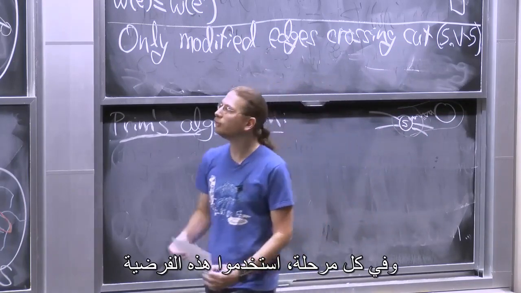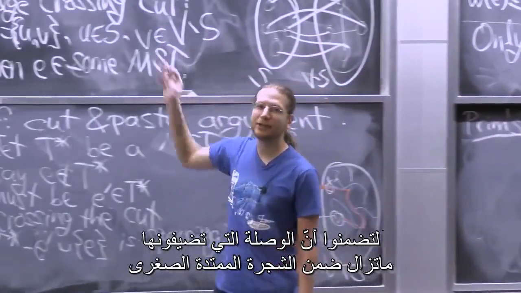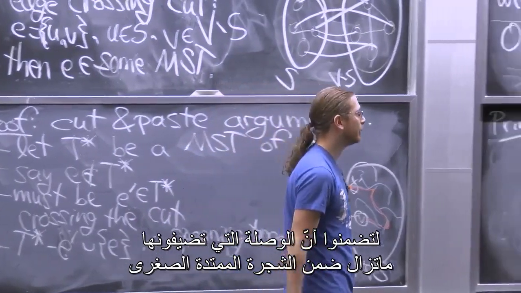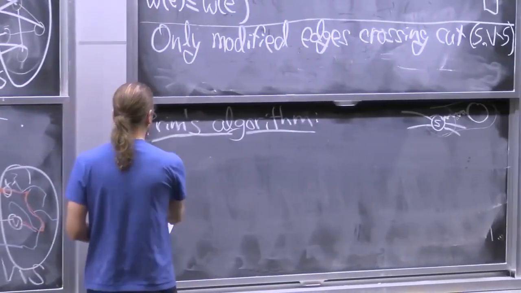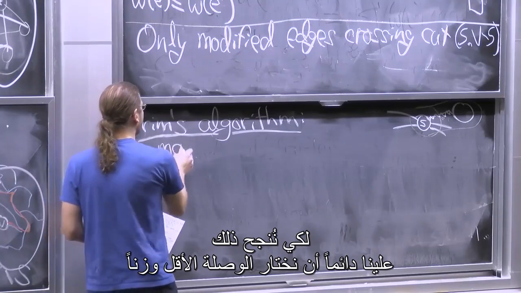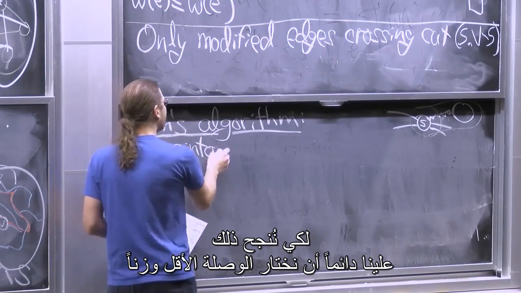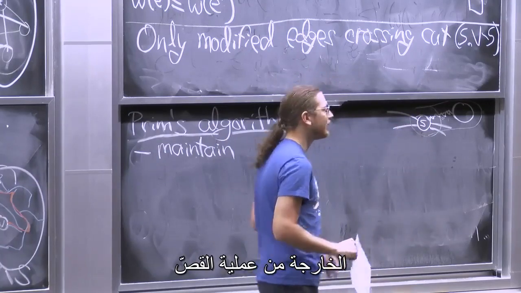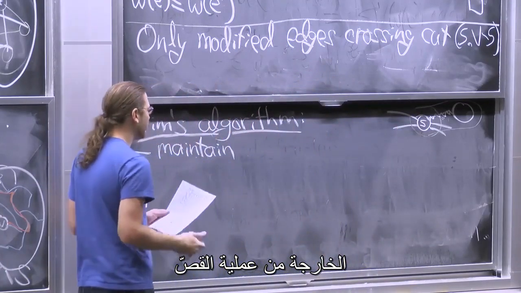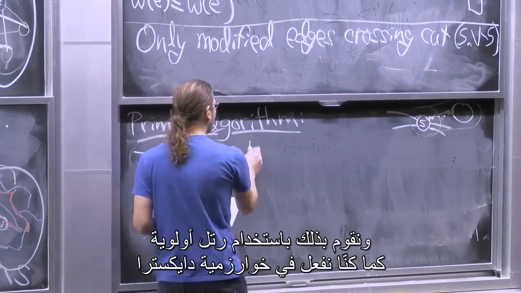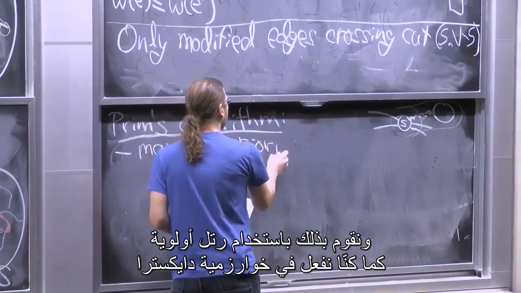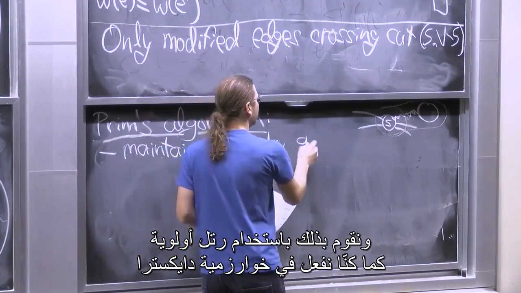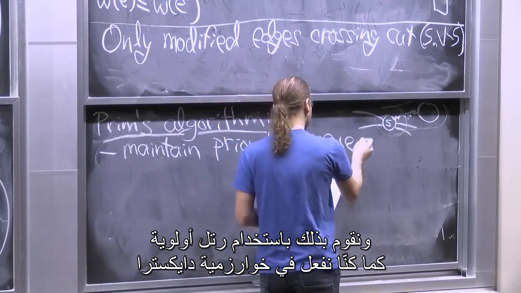At each stage, use this lemma to guarantee the edge I'm adding is still in the minimum spanning tree. So to make that work out, we're always going to need to choose the minimum weight edge that's coming out of the cut. And we'll do that using a priority queue, just like we do in Dijkstra.